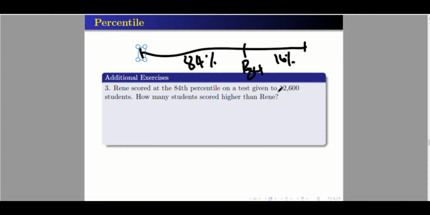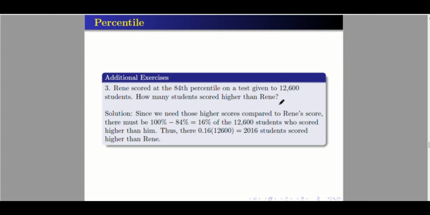We're talking about higher, so all you need to do is to multiply 0.16 by 12,600, and the result is 2,016. So meaning there are 2,016 students who scored higher than Renee.